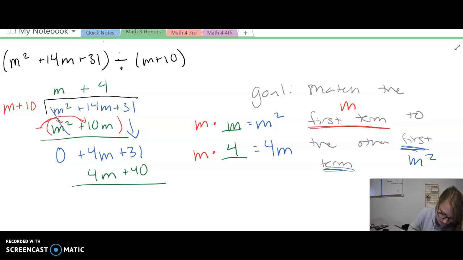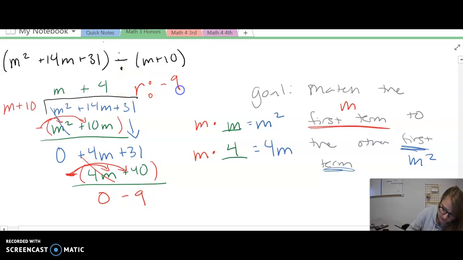So again, remember that we have this negative that we're going to distribute to both of our terms. So then 4m minus 4m, that's going to cancel, and that's 0. And then we have 31 minus 40, and that's going to be negative 9. So now we have a remainder of negative 9.